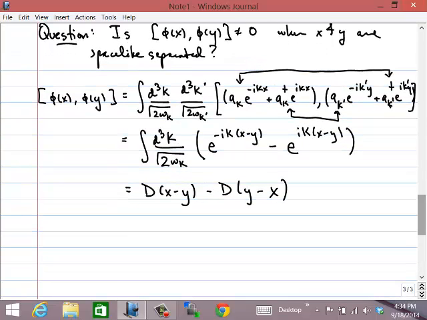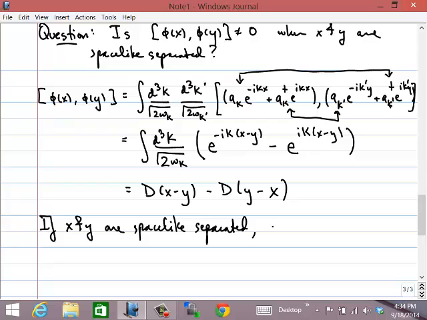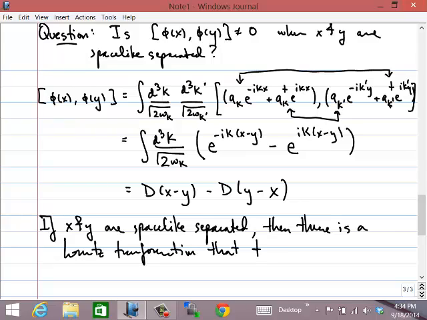And now we can use the fact that if x and y are space-like separated, then there is a Lorentz transformation that interchanges them, and in particular takes x minus y to y minus x.